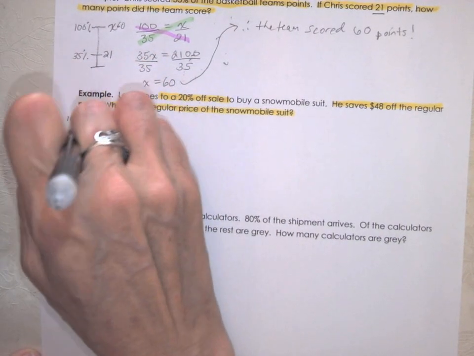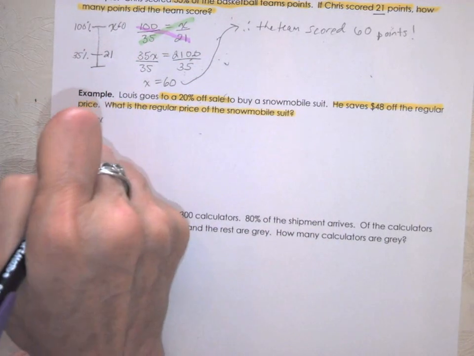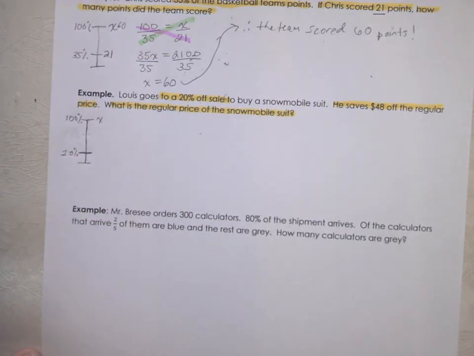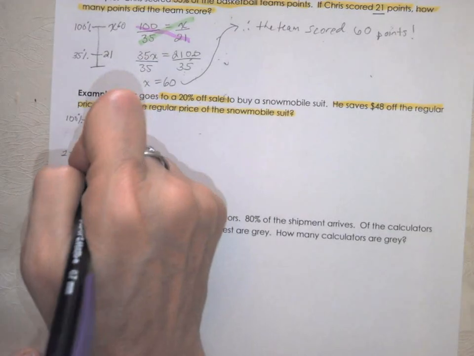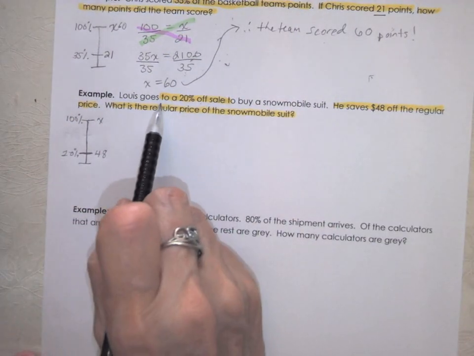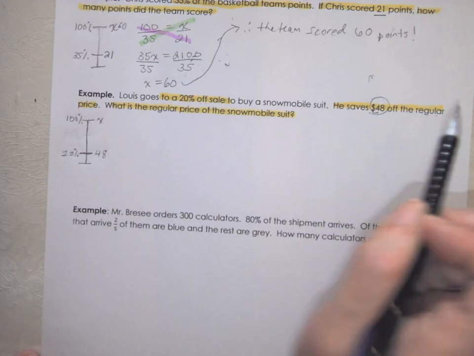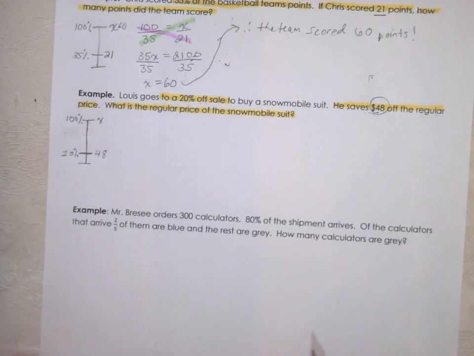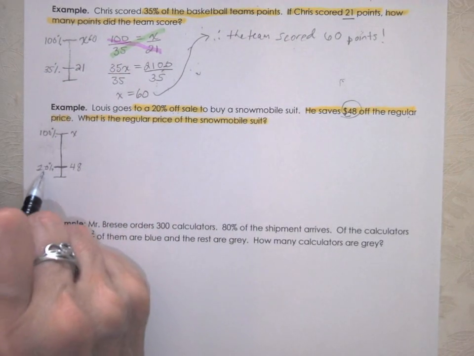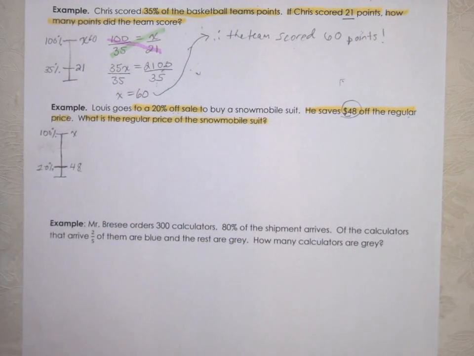We're told that he saves $48. So we're told that 20%, which is his savings, that 20% off represents $48 off, okay? Because it says it's a 20% off sale, and he saves $48 off the regular price, okay? So the 20% off represents he has to pay $48 less for his snowmobile suit.